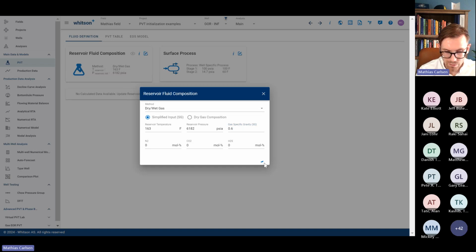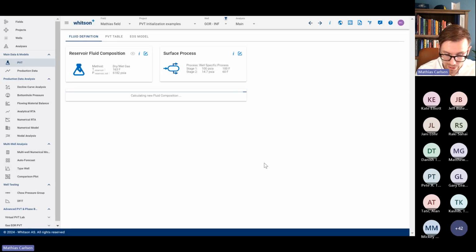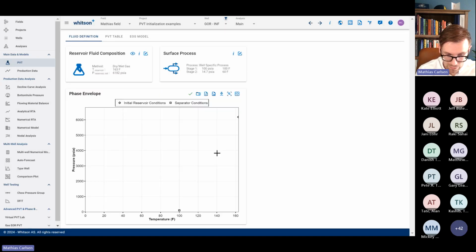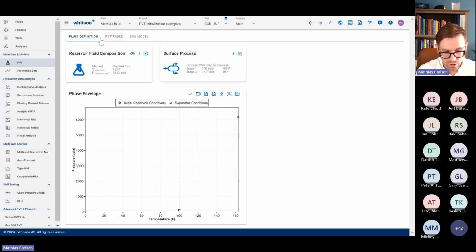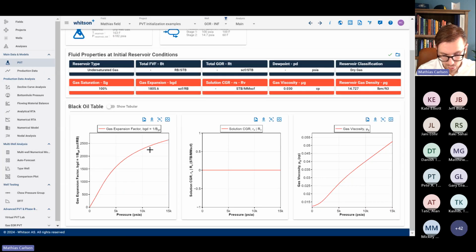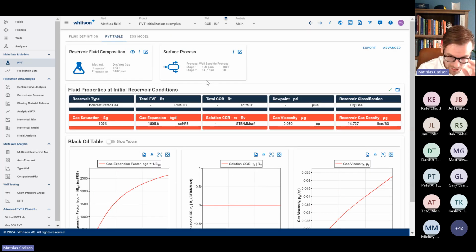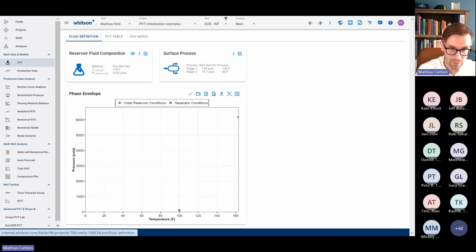And then the software will predict a phase envelope. It'll be so dry that there's no two-phase envelope right here, but it will still use it to predict a composition, and it will still predict a PVT table for us. That PVT table has no RV, which we'll talk about in a second, but it will just have a gas expansion factor and a viscosity. This is what you call a dry gas PVT table.